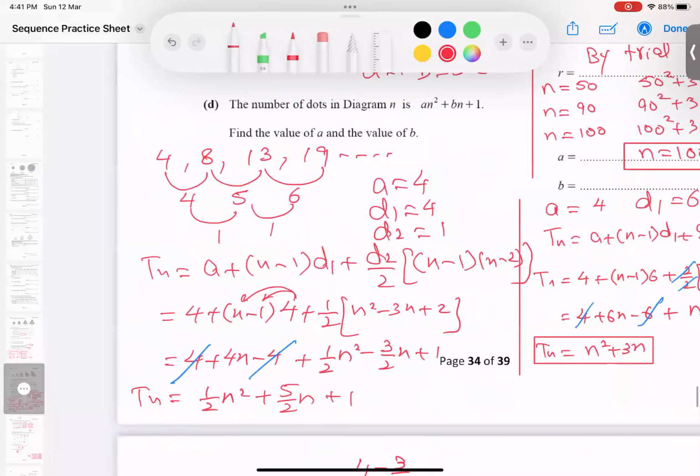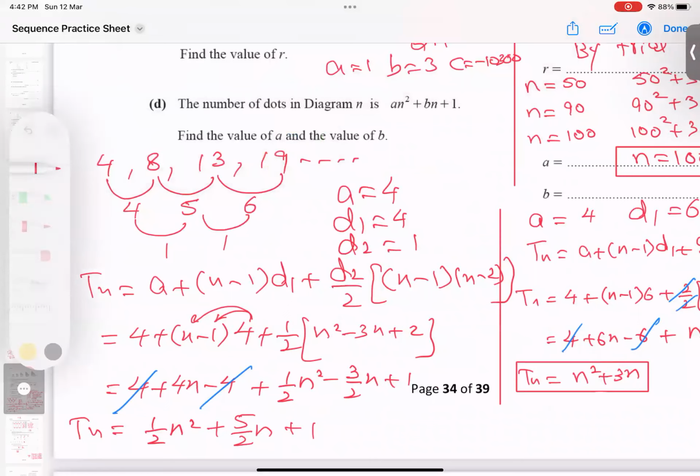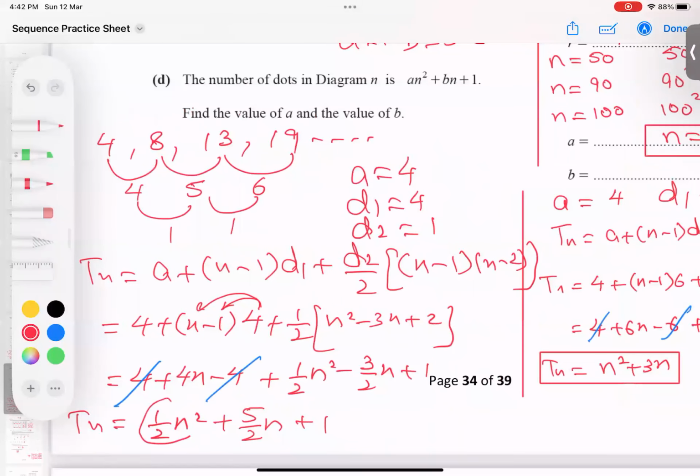Now this is my answer, and what he has given, if you compare it, half n squared compares with a n squared. So the number written here is half, and a is half.